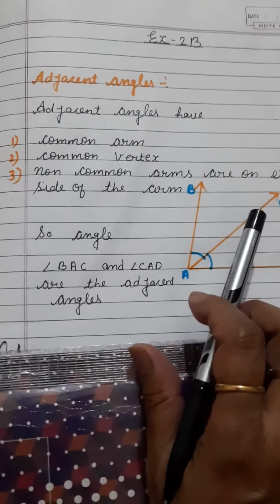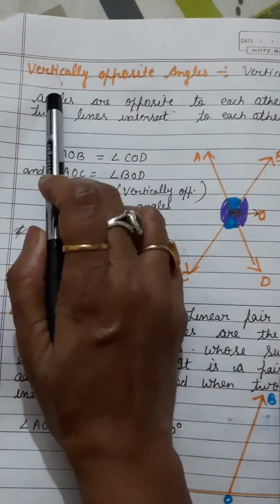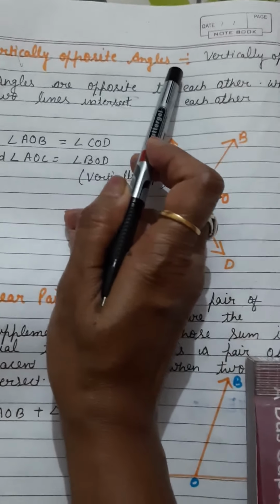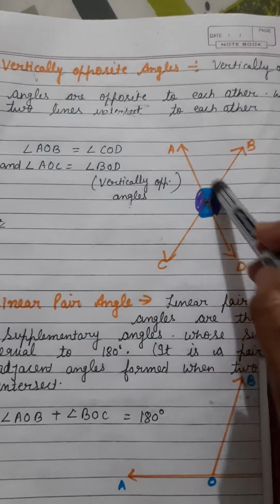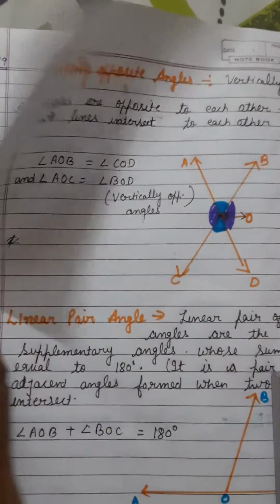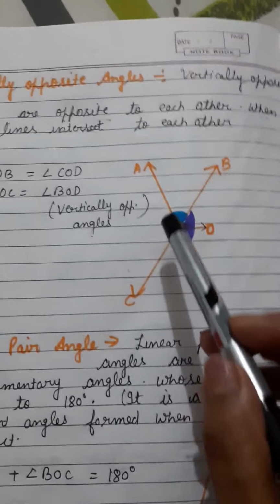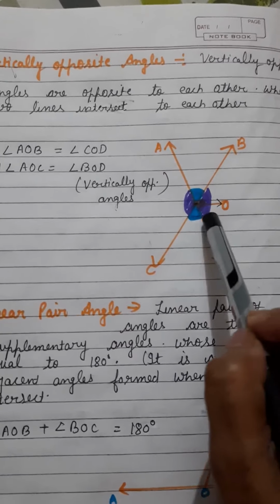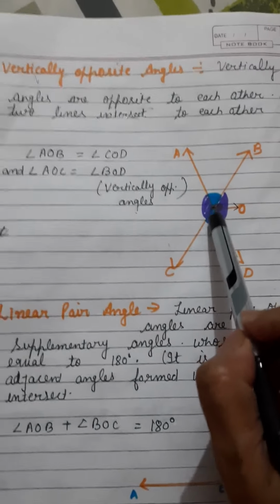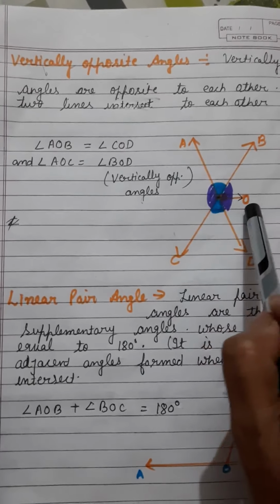Okay students, let us understand the other definition. The next definition is vertically opposite angles. First you look at the figure. Here you are observing two colors. I wrote this O here, but it always comes in between. For your understanding, I wrote it here.